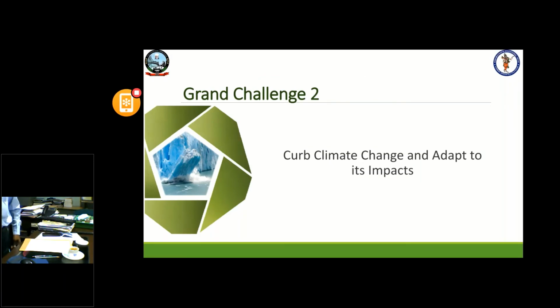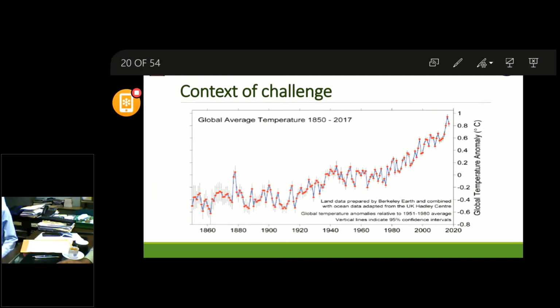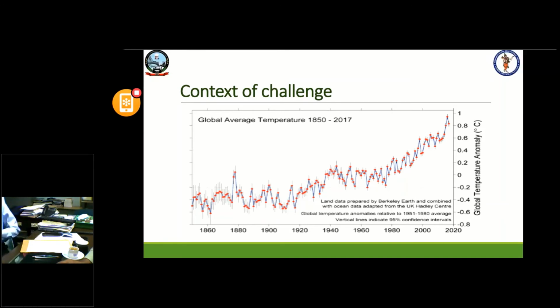The grand challenge is to address climate change and adapt to its impacts. You can observe in this graph from the 20th century to the 21st century, temperatures are varying and the sea levels are rising up to 1.2 feet.